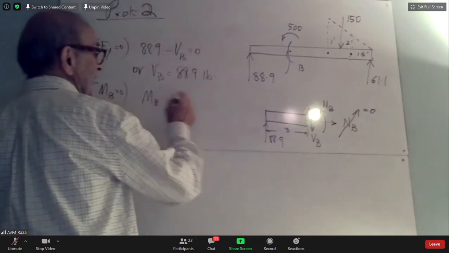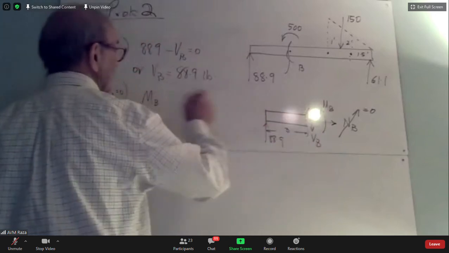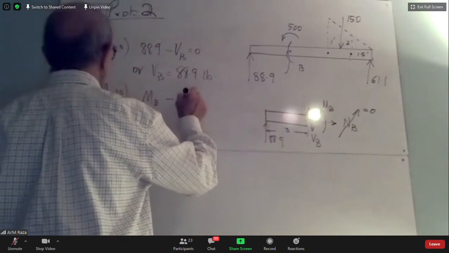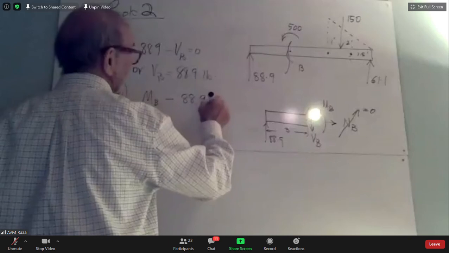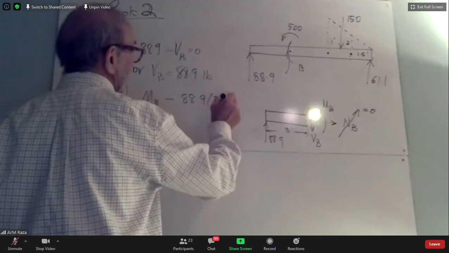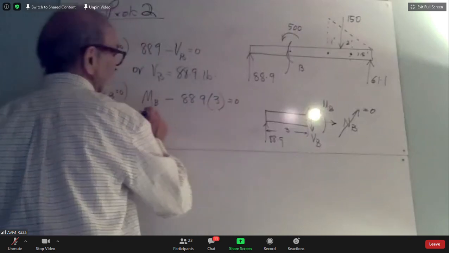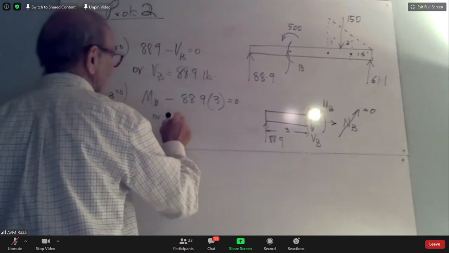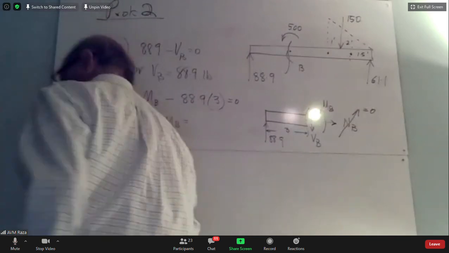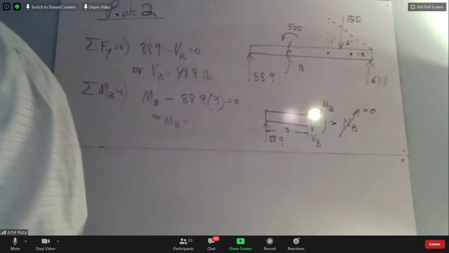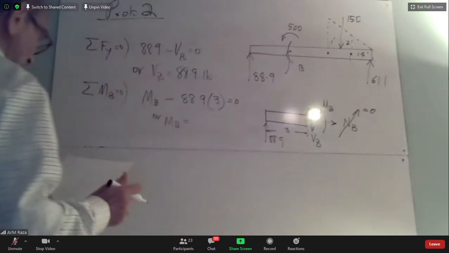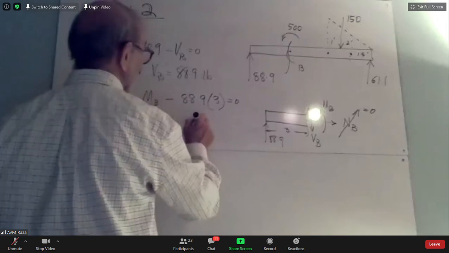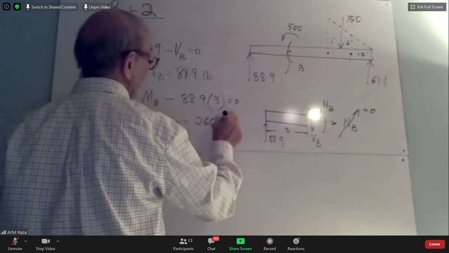So MB, and this is going to be clockwise, so minus 88.9 times 3 equal to 0, or MB equal to, how much does that come out, anybody? I got a number 2 somewhere. Yeah. 266.7, thank you, pound-foot.